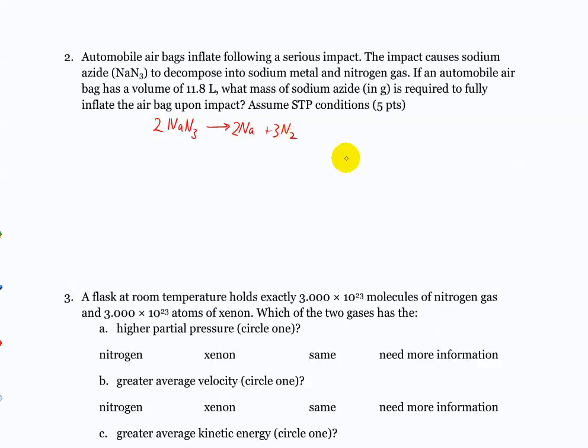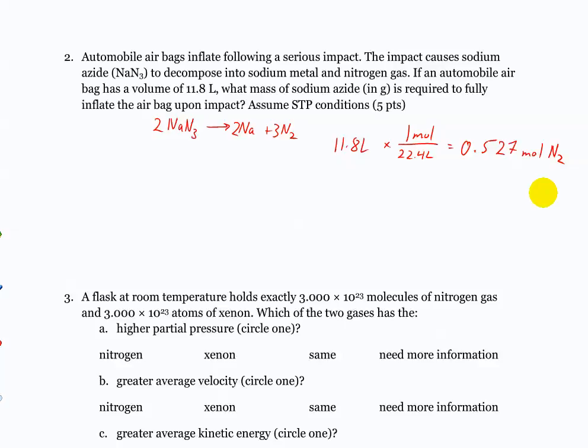So that's 11.8 liters times 1 mole per 22.4 liters, which is 0.527 moles. That's the moles of N2 that you need.